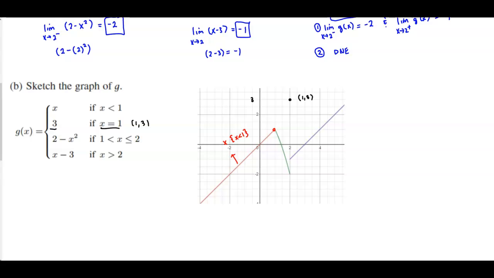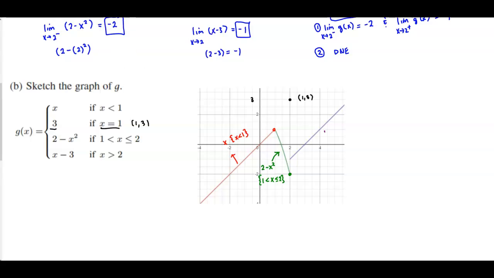And then we have 2 minus x squared when x is in between 1 and 2, but we have to include 2, so that means we have a closed dot here.